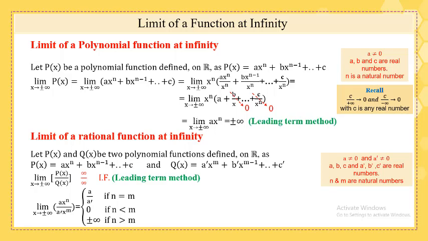This limit can be one out of three cases. It's equal to a over a prime if the highest power of P is equal to the highest power of Q. It's equal to 0 if the highest power of P is less than that of Q. It's equal to plus or minus infinity if the highest power of P is greater than that of Q.